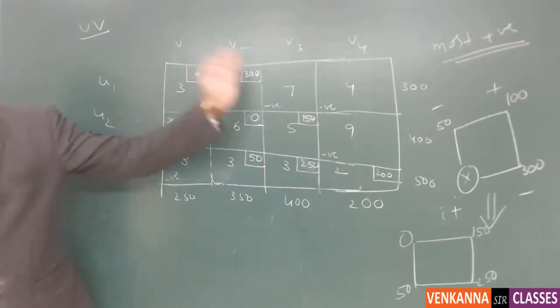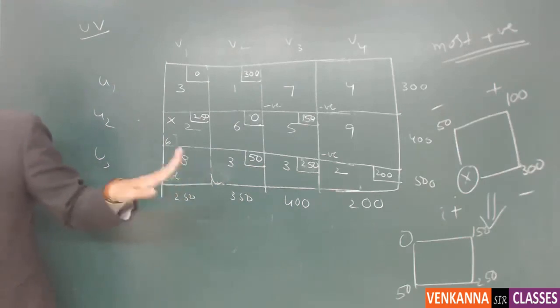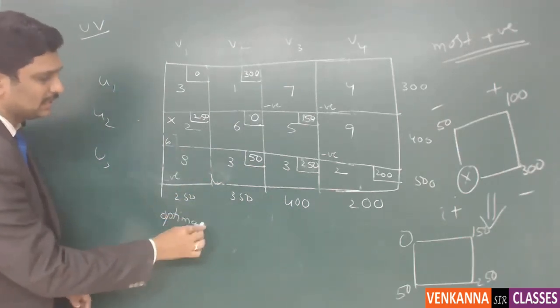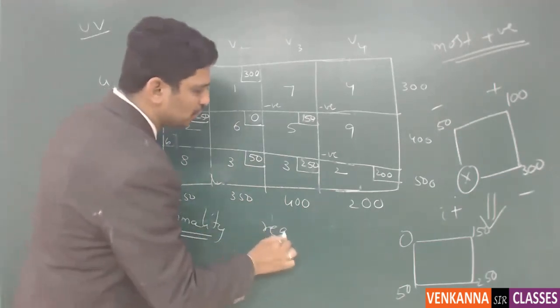Now again we calculate Ui and Vj values. Optimality is reached here, and if you multiply the corresponding values, that is the optimal solution.